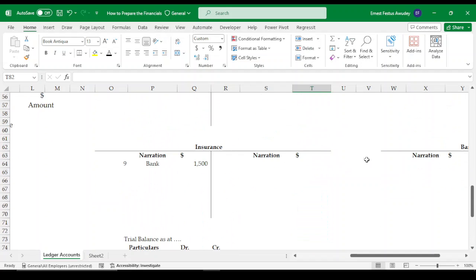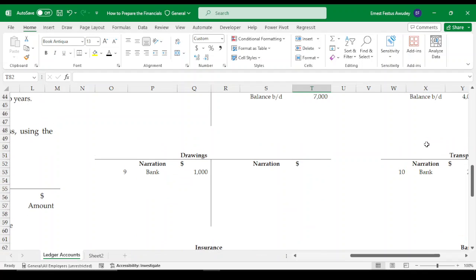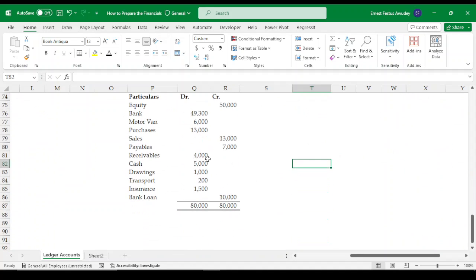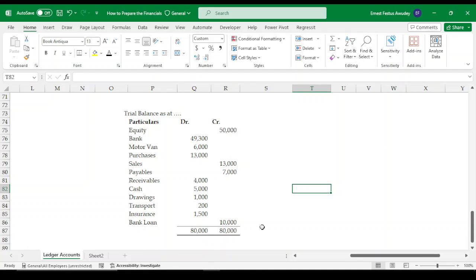Or when you enter your credit transaction but not the corresponding debit entry, it is going to be revealed by the trial balance, and so your trial balance will not balance. Those are what we call single entry errors. So the trial balance reveals casting errors, which are additions in your account, as well as single entry errors.